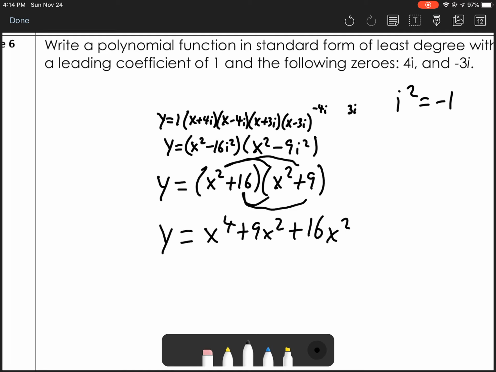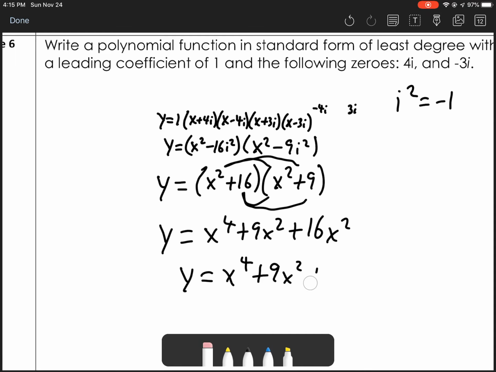And 16 times 9, don't know this off the top of my head, let me look here, is going to be 16 times 9, 160 minus 16, 144. So we get y equals x to the fourth plus 9x squared plus 144.